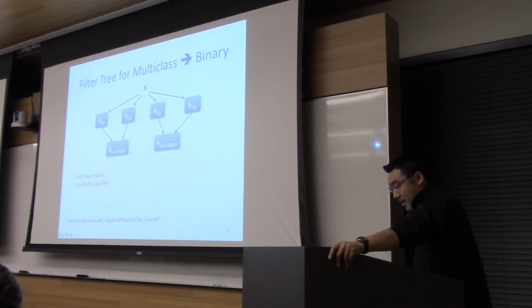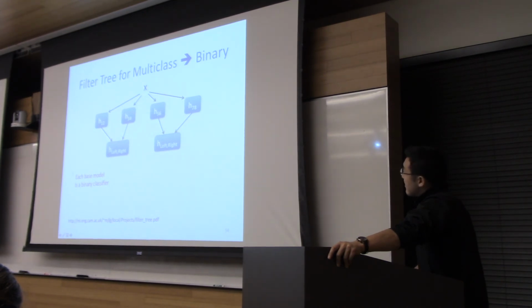And then the predictions of these 4 classifiers get fed into 2 more classifiers. Each of them is going to say, given this x, is it more likely that the correct label is coming from this classifier or from this classifier?